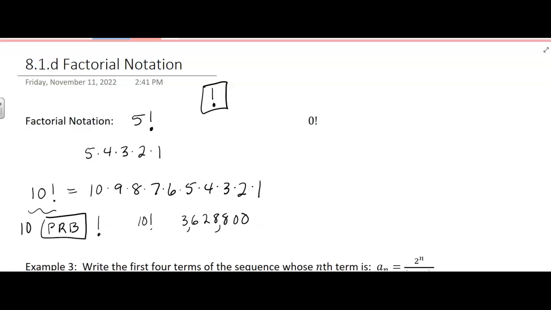Okay, so that's factorial notation. It's the exclamation point in math. They're really exciting numbers. Anyway, 0 factorial is defined to be 1. Okay, now I know that seems odd, but it just has to have that definition. Now we use this factorial notation a lot in the branch of math called probability.